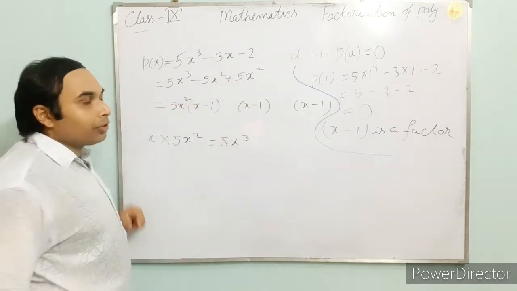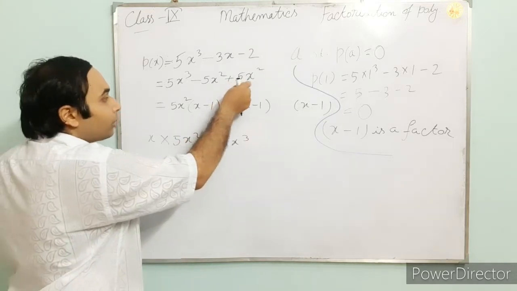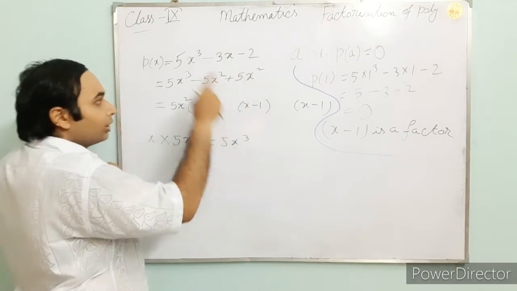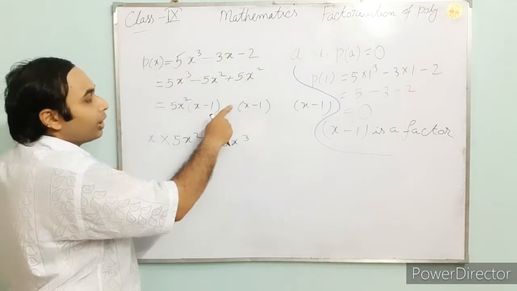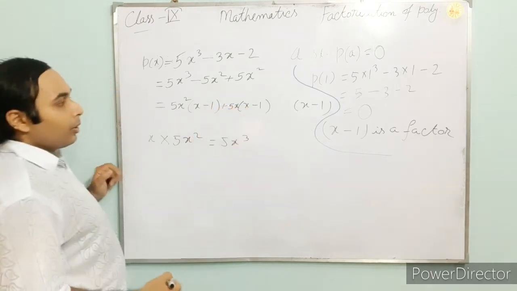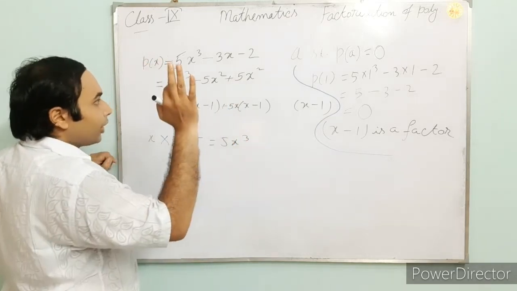Here 5x square, from where are we getting that? Here the part is 5x square and here it is x. So to form 5x square here, we have to multiply with 5x. So 5x into x is 5x square.